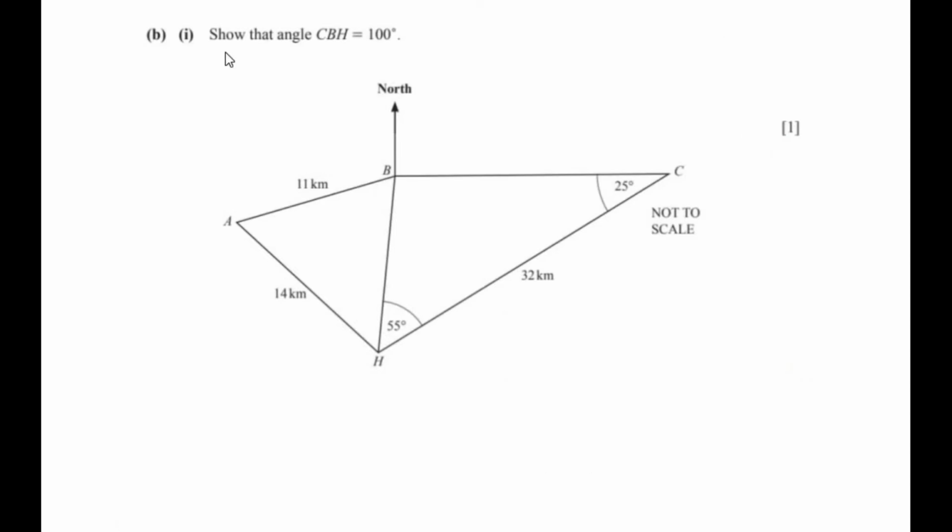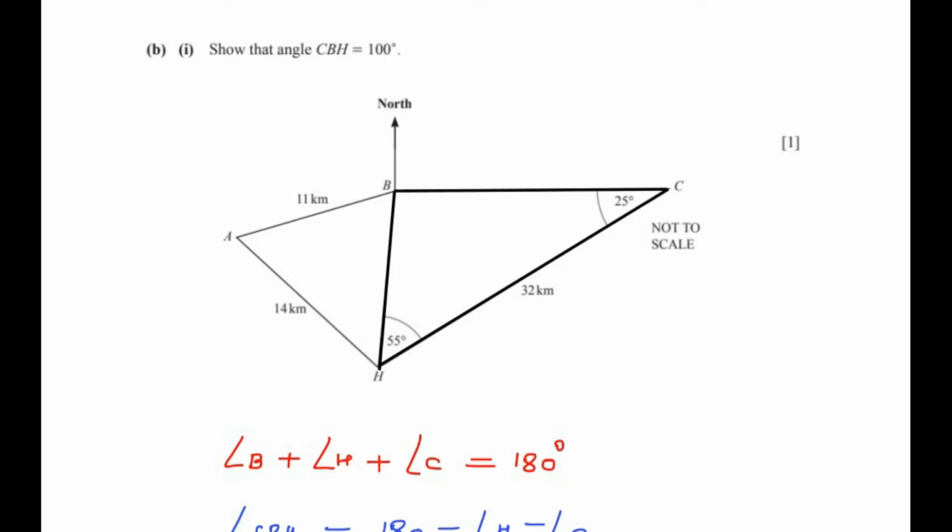Now the next question is, show that the angle CBH is 100 degrees. So for that let us consider the triangle CBH. Now I have highlighted this triangle. We know that from the angle sum property of a triangle, all the angles of a triangle will add to 180 degrees. So here we can write angle B plus angle H plus angle C is equal to 180 degrees.